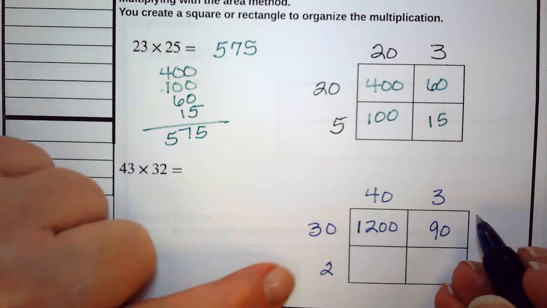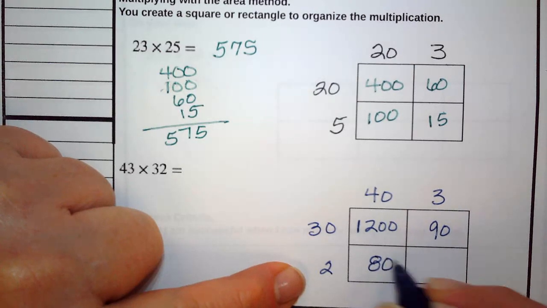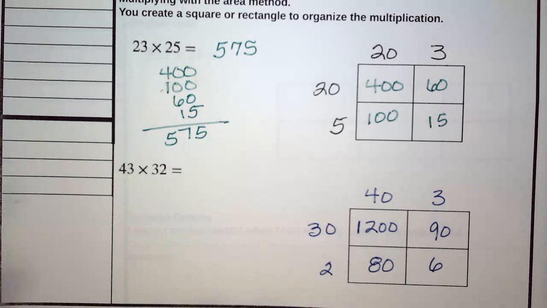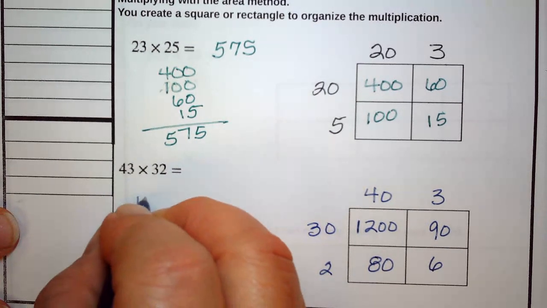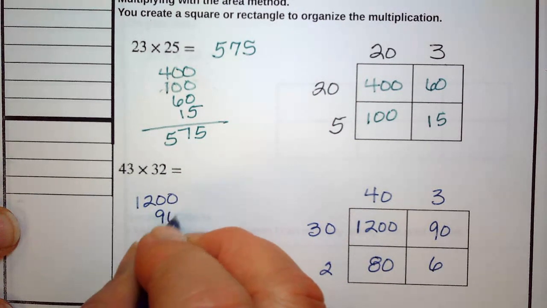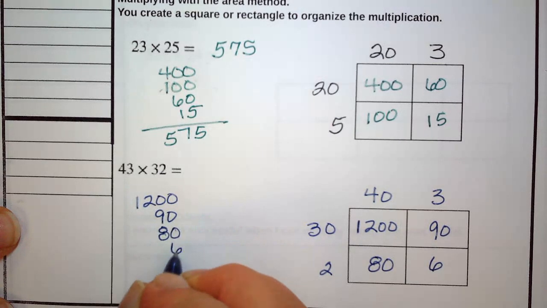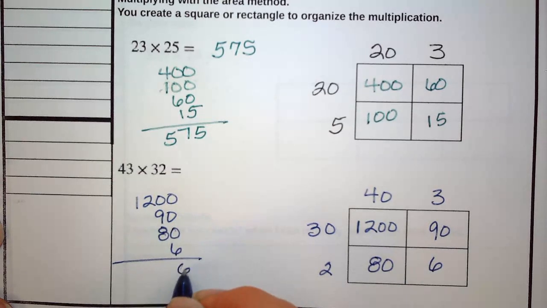Let's go down to our other number. 2 times 40 is 80. 2 times 3 is 6. 1,200 plus 90 plus 80 plus 6. 6. 9 plus 8 is 17.